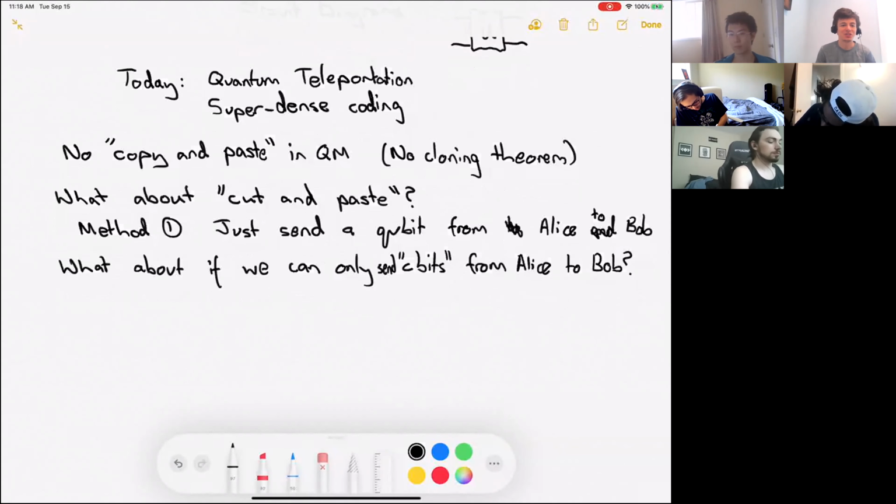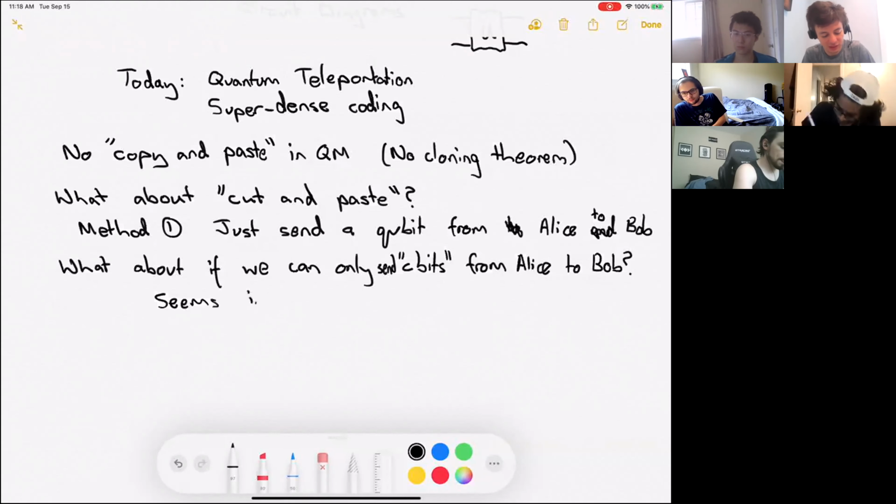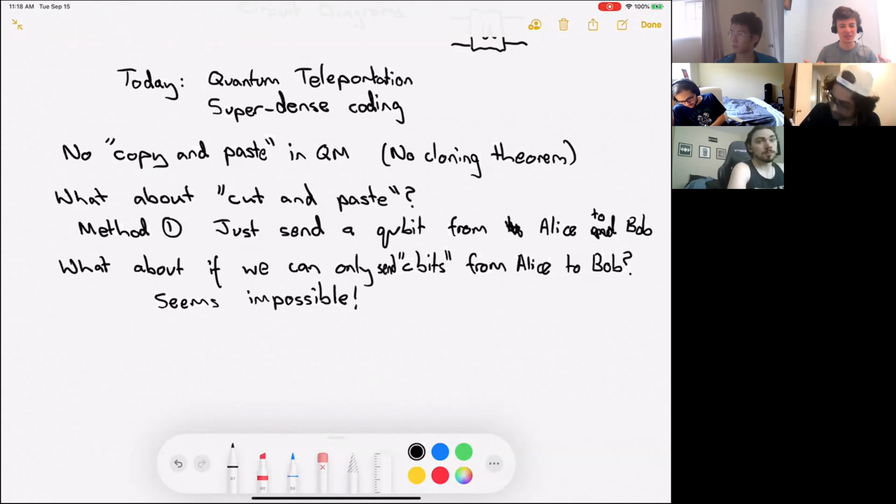Just to describe the state of a qubit, psi, with infinite precision, I'd formally need infinitely many classical bits. And even if I just wanted to describe it with very high precision, I need a large number of classical bits.